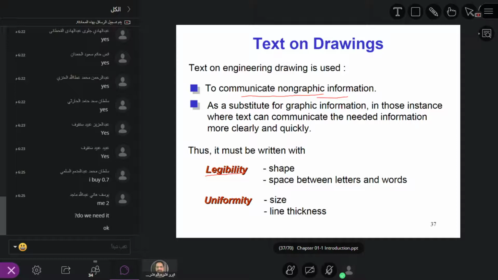So you should always remember that your communication should be clear, legible, uniform. Shape, size, all the things should be uniform, and you have to make sure that someone is going to read your drawing. He has to understand, so don't make him confused. You have to clearly mention what you intend to communicate to the other engineer.